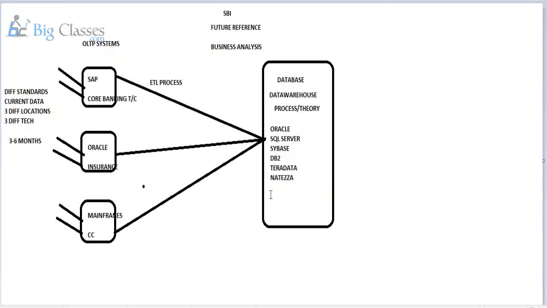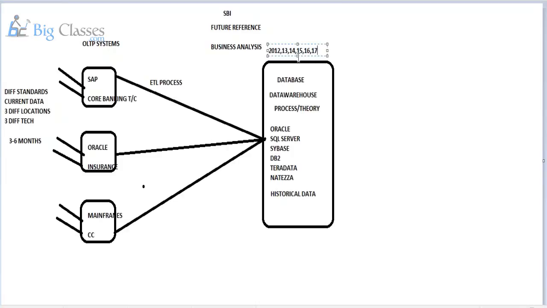Right? So here we are going to store the historical data. Whenever you create a data warehouse, let's say I have started implementing the data warehouse from 2012 onwards. So you have the data from 2012, 2013, 2014, 2015, 2016 and 2017.